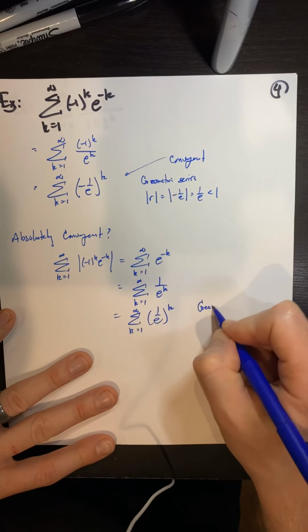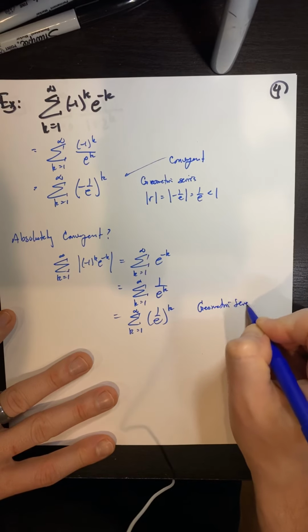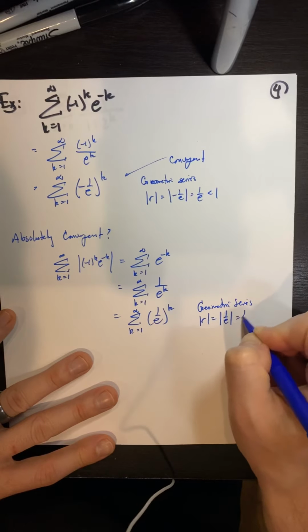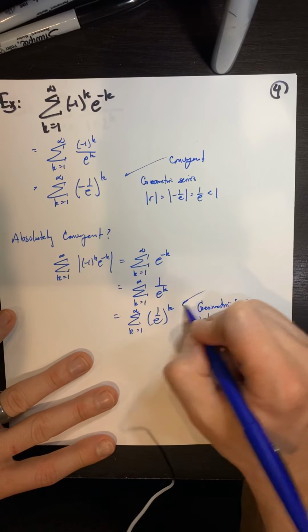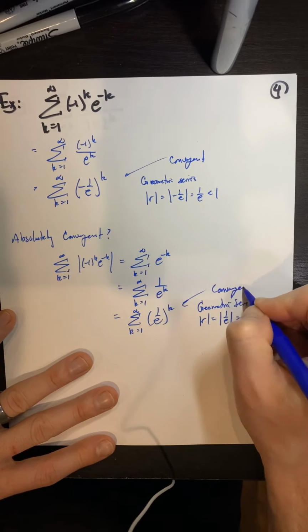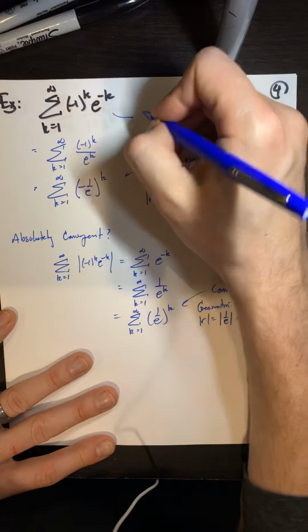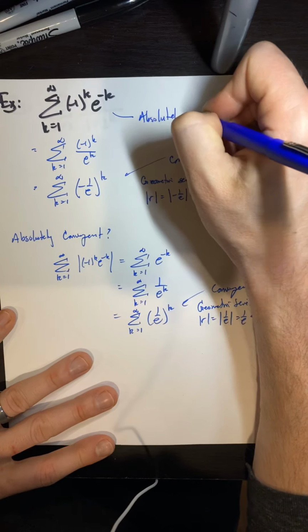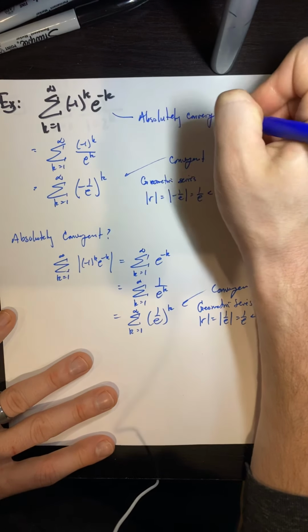And again, this is a geometric series, with absolute value of r actually just being 1 over e, which is less than 1. So this is convergent, which means the original series is absolutely convergent, which is kind of obvious.